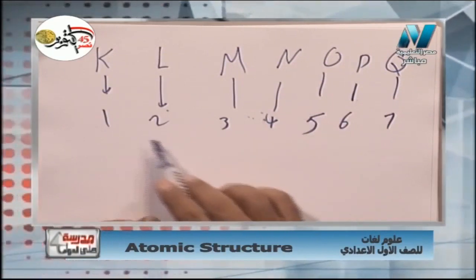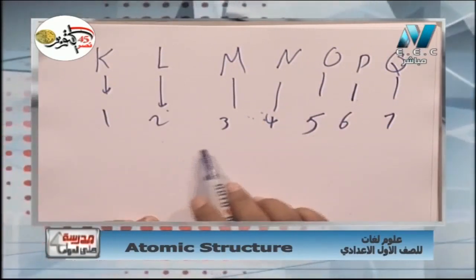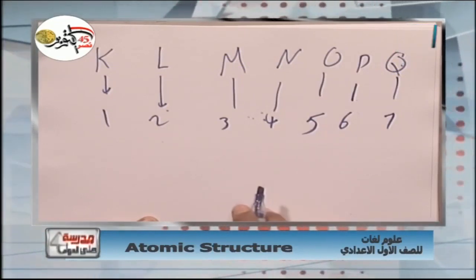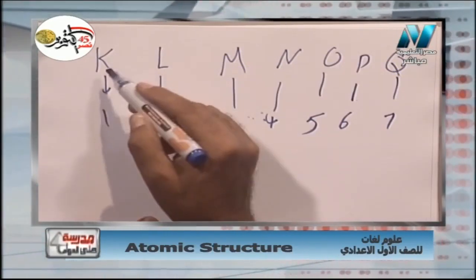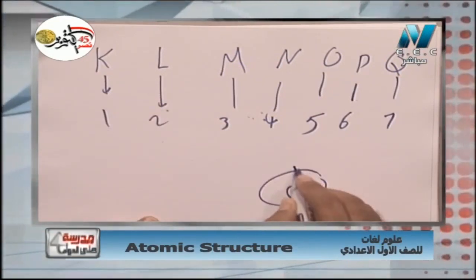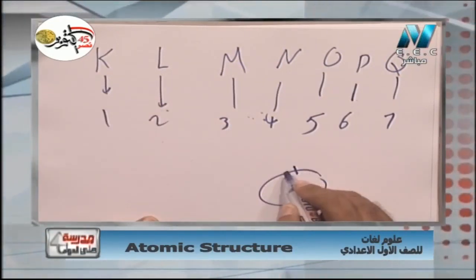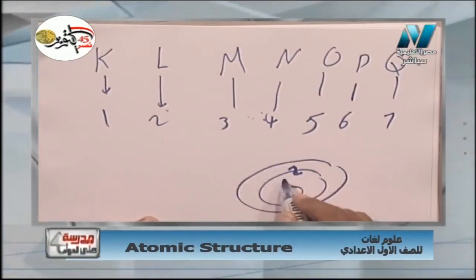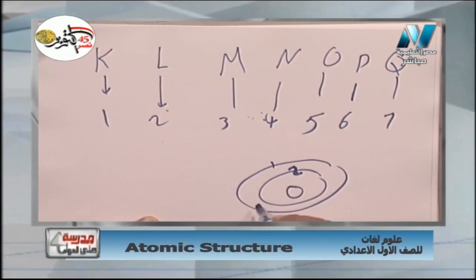Do all of these energy levels exist in all the 118 elements? No. Hydrogen has just 1 energy level, K. Helium, K. Lithium, K and L, and so on.